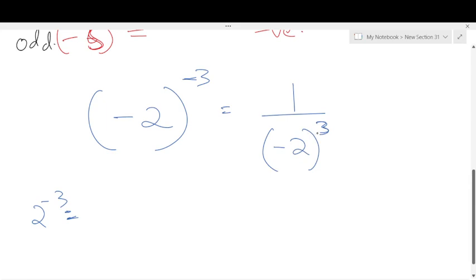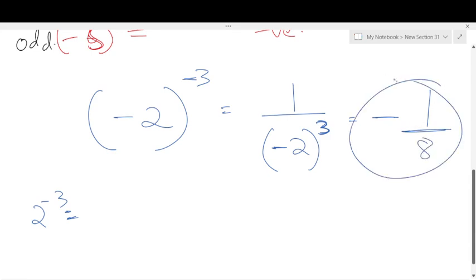Did we make it positive? Now, the base is negative and the power is even or odd? So what will be the answer, positive or negative? Negative. What is 1 by 2 to the power of 3? This is the answer. Is it clear? Did you understand?